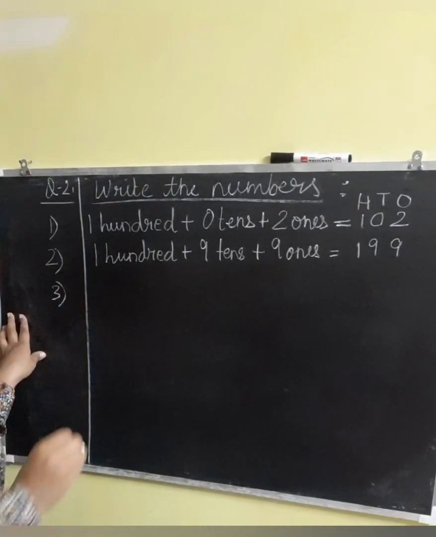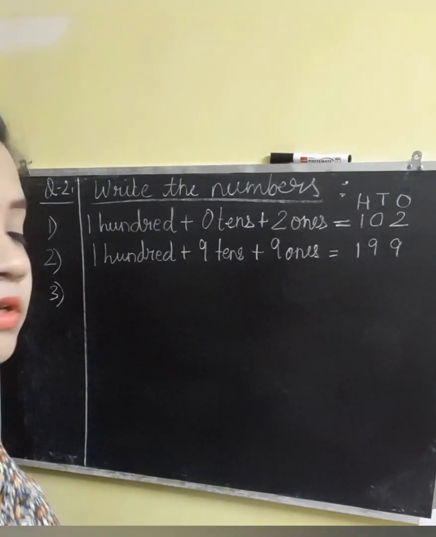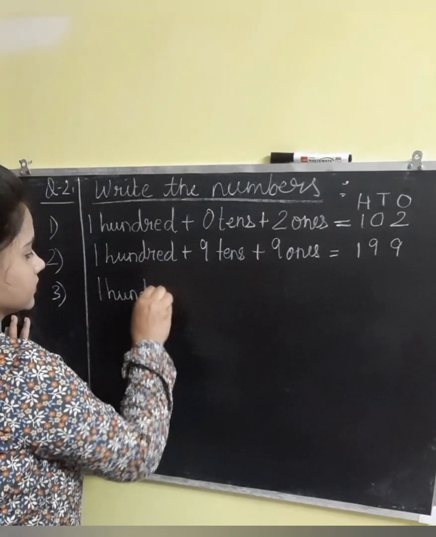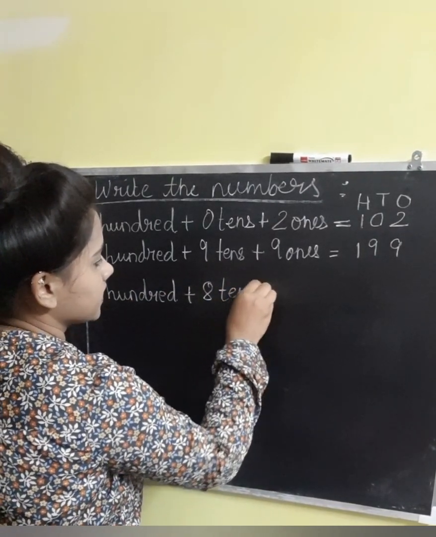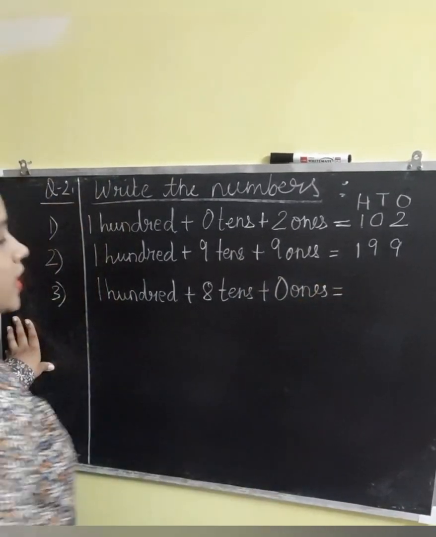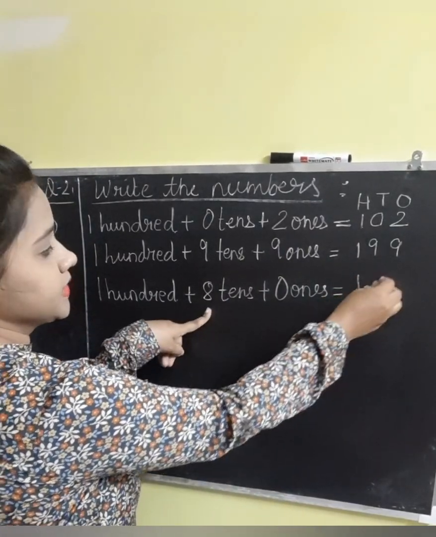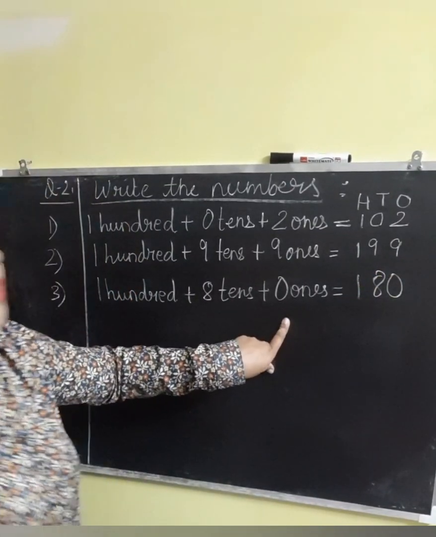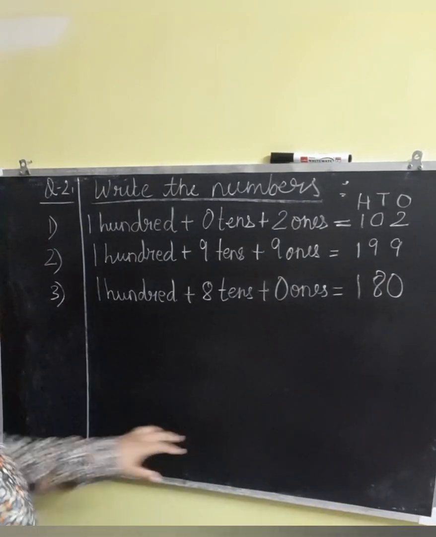Now the third one is 100 plus 8 tens plus 0 ones. Okay. So now, yes, at 100 we have 1, at tens we have 8, and at ones we have 0. So the digit is 180.